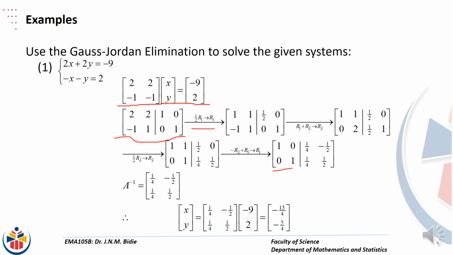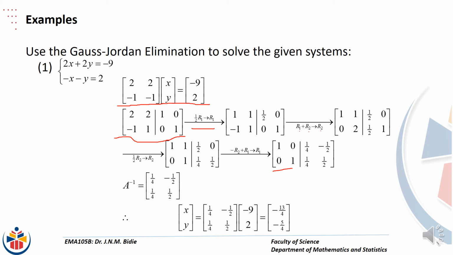Note the notation. It's row 1 plus row 2, substitute in row 2. Row 1 does not change, so I rewrite it as it is. 1 minus 1 is a 0. 1 plus 1, that's a 2. Remember, I'm adding. Half plus 0 is a half, and 0 plus 1 is a 1.